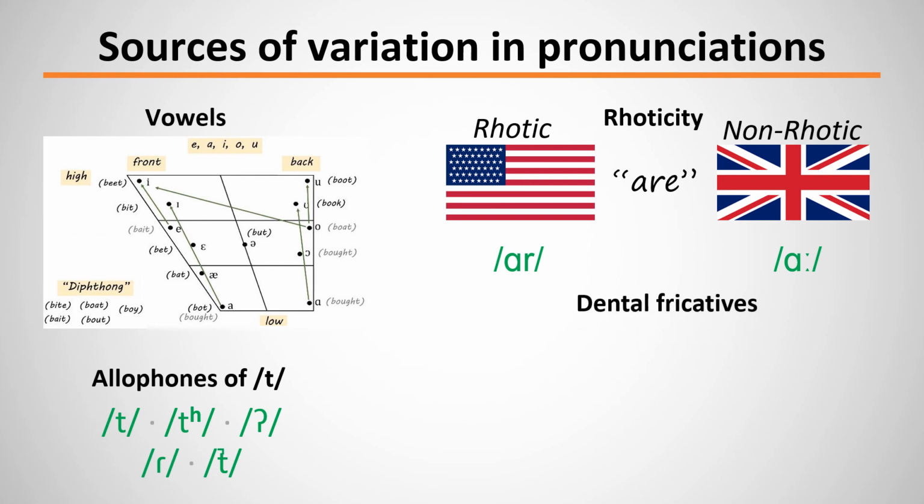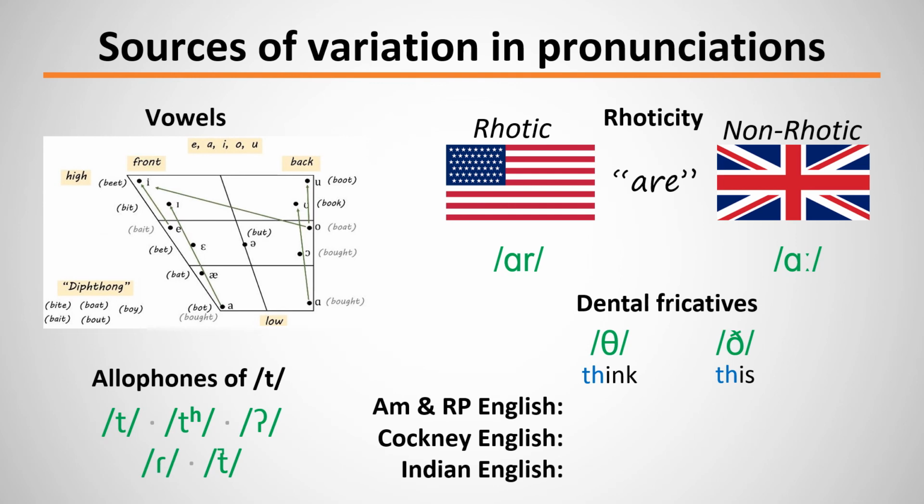About the allophones, I have already explained this some minutes ago, so let's skip to dental fricatives. With the dental fricatives, we have the sound th as in think and th as in this. However, some dialects pronounce these words quite differently. Let's compare, for example, the American pronunciation and the received pronunciation.